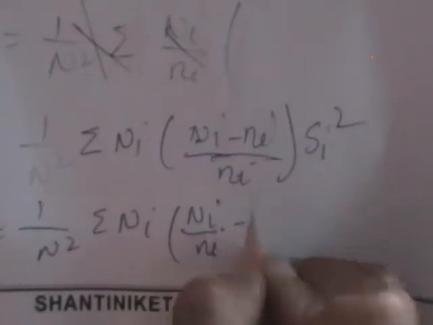If you divide here you will get Ni by ni minus 1 into si square. Okay, you got the variance of y bar st is equal to 1 by N square sigma Ni into (Ni by ni minus 1) into si square.